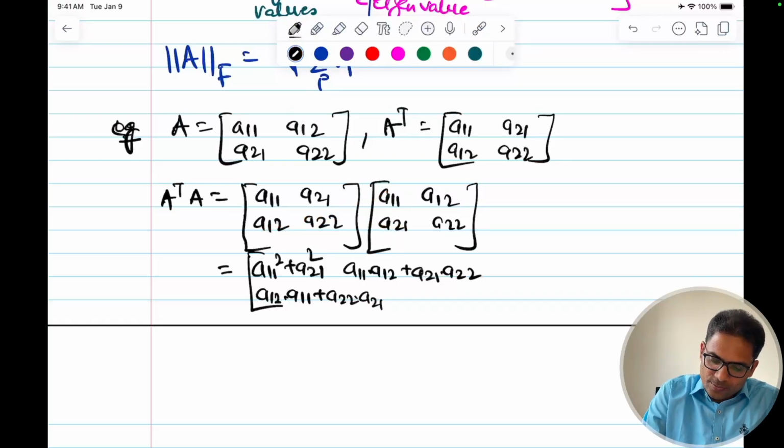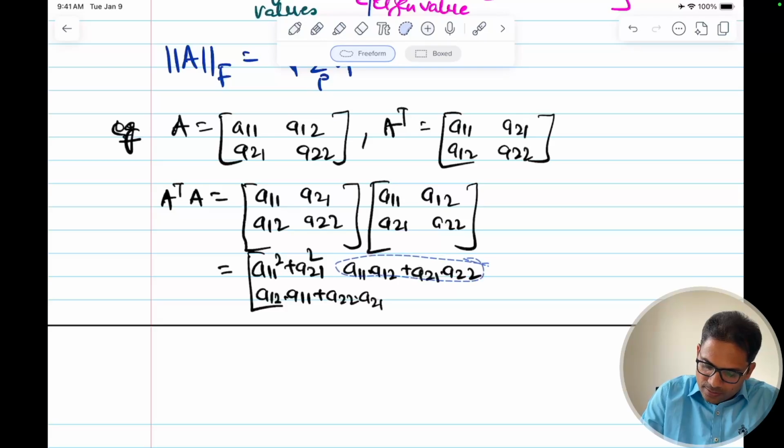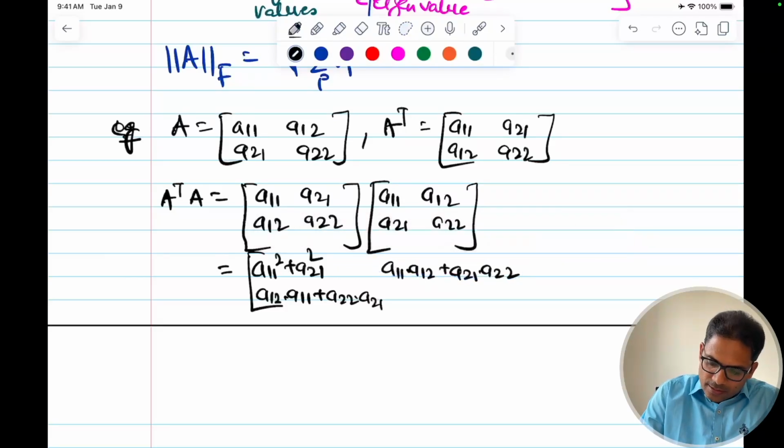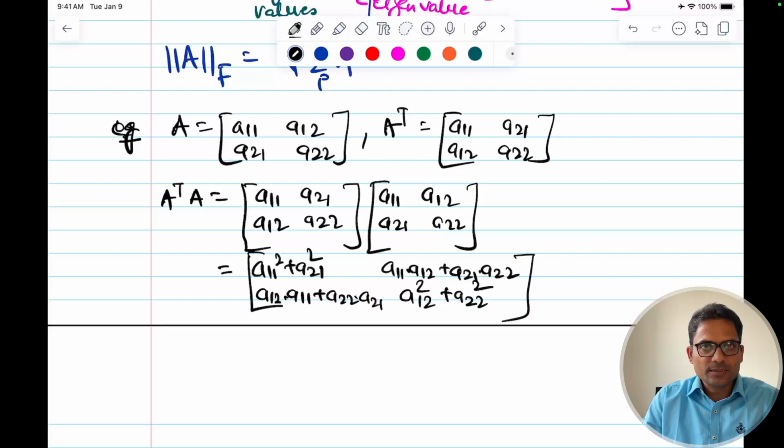The fourth element, the last one, is this row into this column, so it will be A12 square plus A22 square. This is what it is.